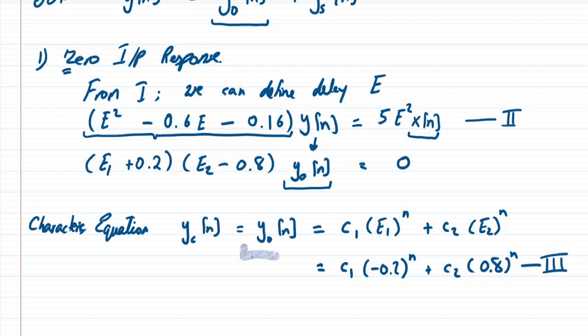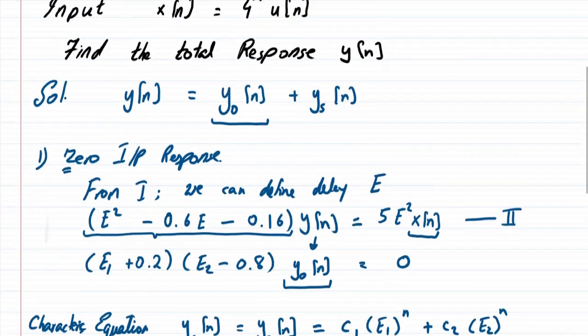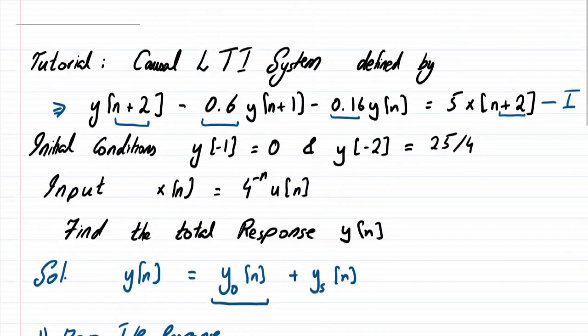Now in order to find y naught of n, we need to find the values of c1 and c2, and for this we will use the initial conditions, that is, y of minus 1 is 0 and y of minus 2 is 25 by 4.